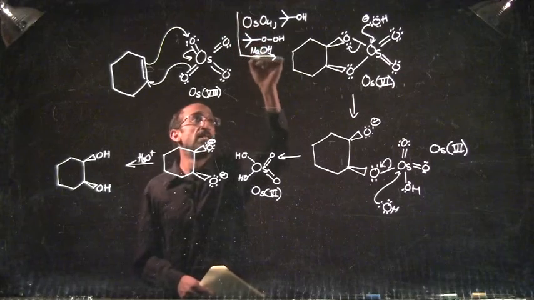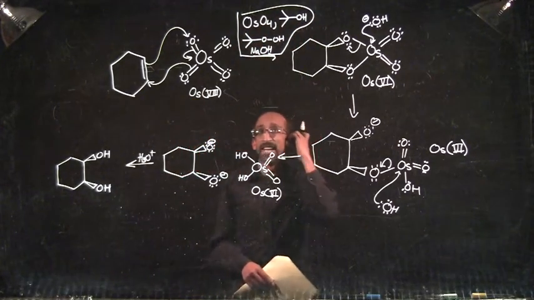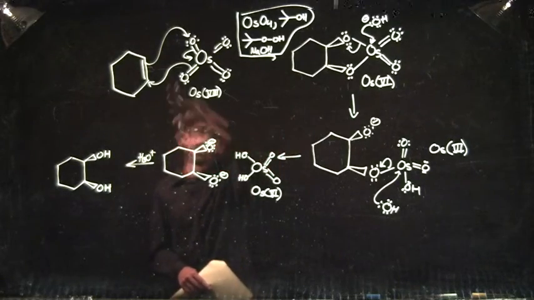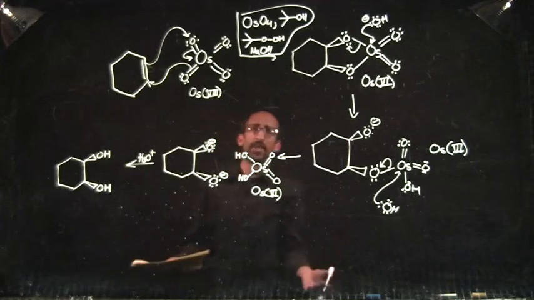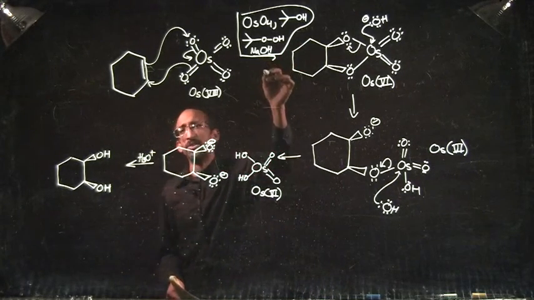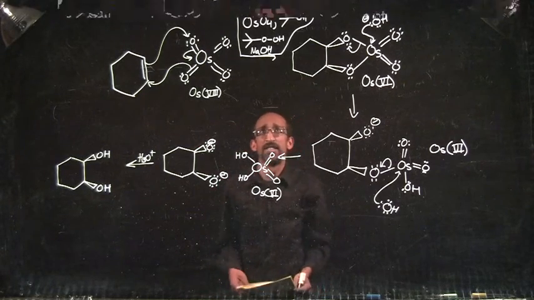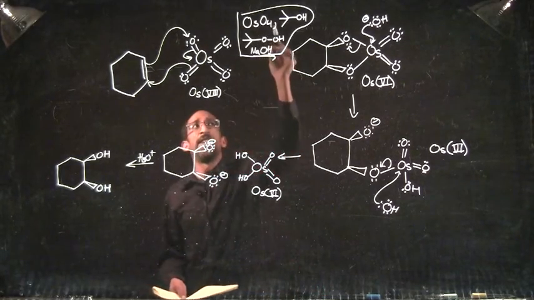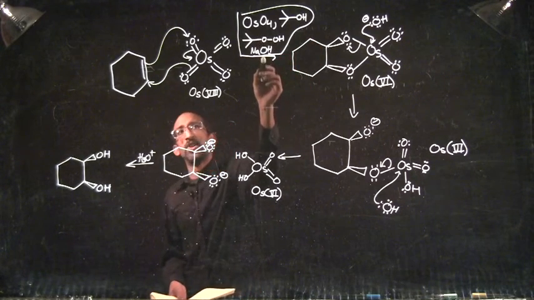So this here in the box is our full complement of reagents that allow this reaction to proceed. If this were a fill-in-the-blank style problem, you would need to include all 4 of those if you were asked to produce the reaction conditions: osmium tetroxide, tert-butanol, tert-butyl peroxide, and sodium hydroxide.